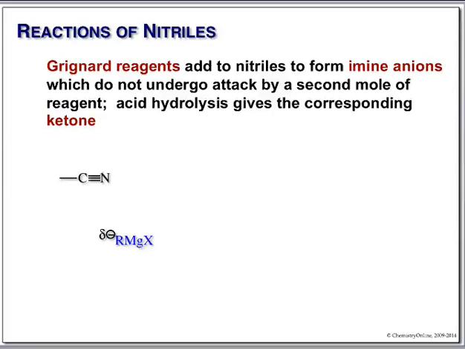Grignard. We know our Grignard reagent is a stabilized carbanion, right? As such, it can attack the nitrile carbon. Think of this as kind of like a carbonyl twice over. When the Grignard attacks, you get this intermediate. Now, I've shown this as an anion because that's exactly what it is.